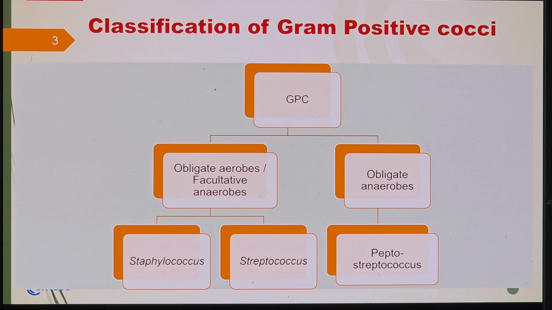Obligate aerobes can grow in presence of oxygen, and facultative anaerobes are aerobes that can also grow in absence of oxygen, and obligate anaerobes means the organisms can grow only in absence of oxygen. Examples of the obligate aerobes and facultative anaerobes are Staphylococcus and Streptococcus, and obligate anaerobic cocci are most commonly Peptostreptococcus.